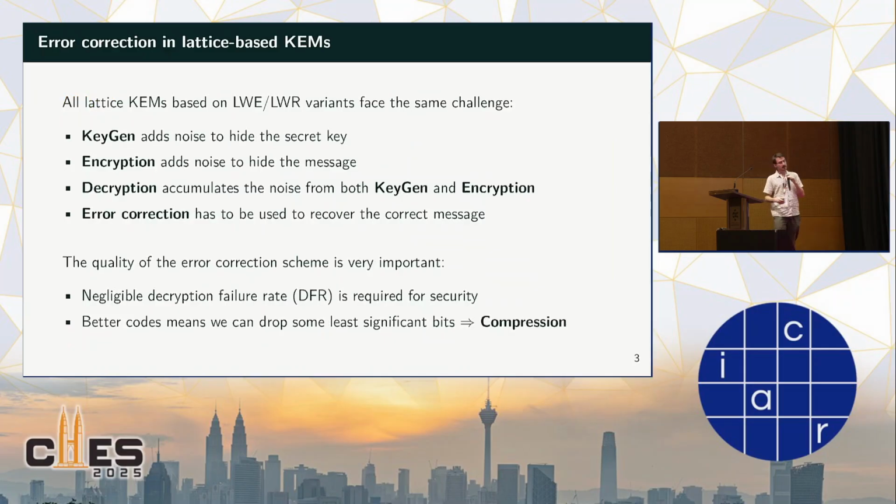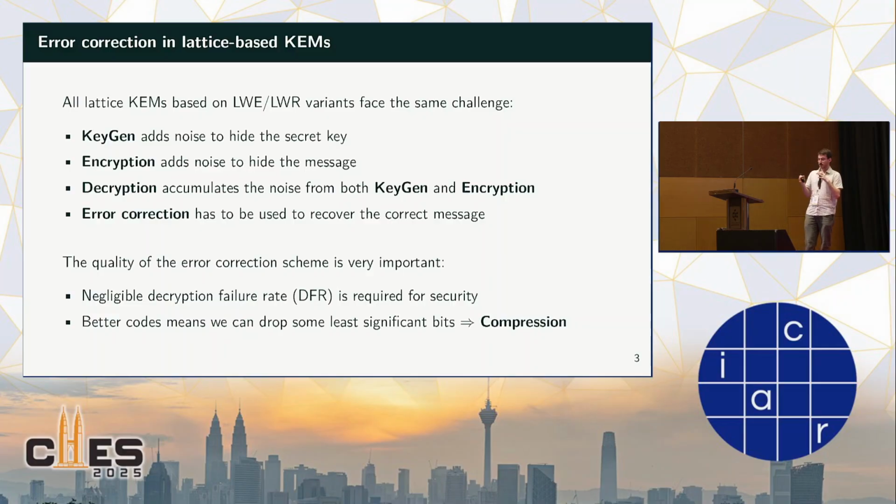Okay, so let's start seeing how error correction appears in lattice-based KEMs, because in ML-KEM it appears in a way that it's disguised as a decoding mechanism. All lattice KEMs based on LWE, learning with errors, or learning with rounding, face the same challenge. Keygen adds noise to hide the secret key, and the encryption adds noise to hide the message.